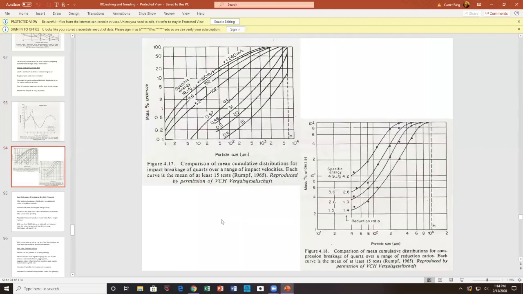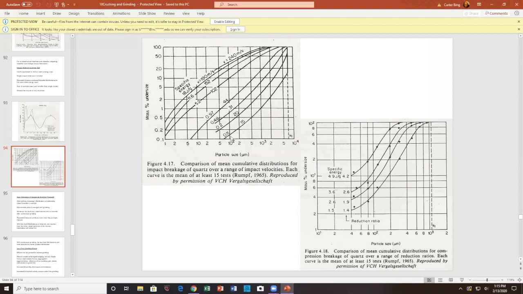This is kind of interesting as well. Again, this is percent mass undersized. If I have low energy input, which is right in here, 11.11, and it looks like joules per gram, I've got to calculate that out. At low velocities, I don't have much size reduction occurring.